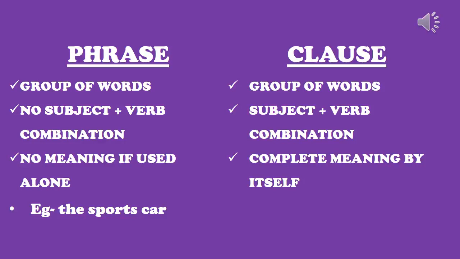And it has no meaning on its own. Is it telling us anything about the sports car? No. That is why a phrase is a group of words, but it does not have a subject verb combination and it has no meaning if it is used alone. Unlike that, a clause is also a group of words, but it has a subject plus verb combination and it has complete meaning when it is used on its own.